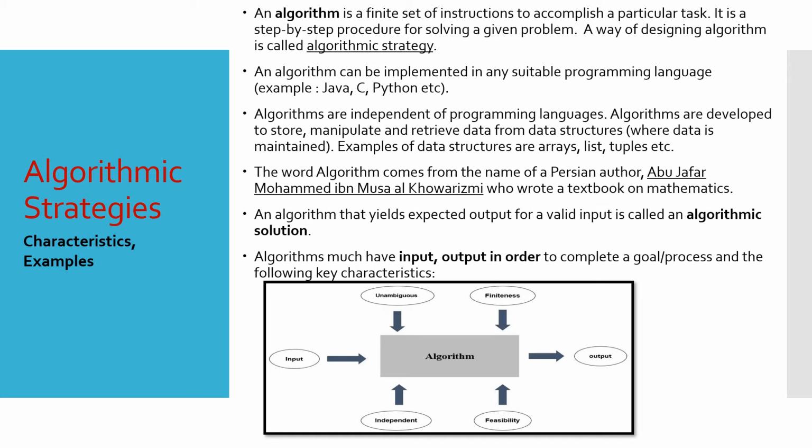Hence an algorithm is quite static. Anywhere you take an algorithmic code, you can implement it in whichever program you like. It's basic, and it's independent of any programming language.